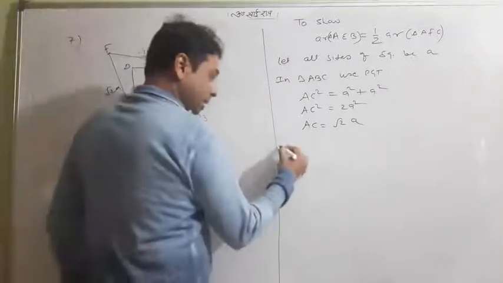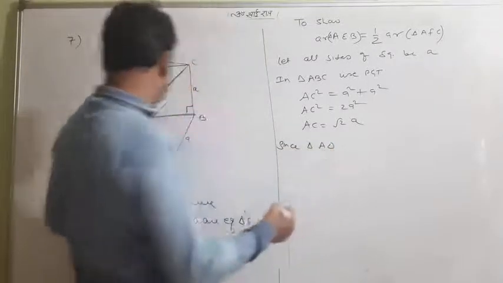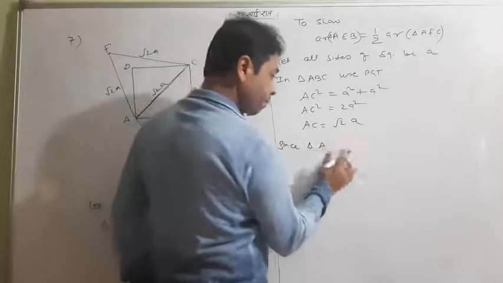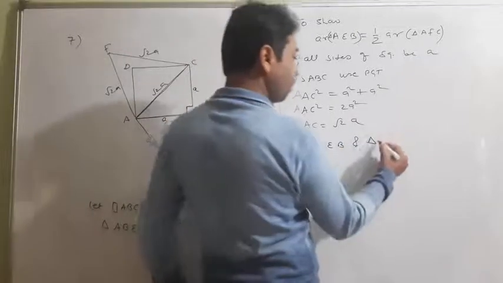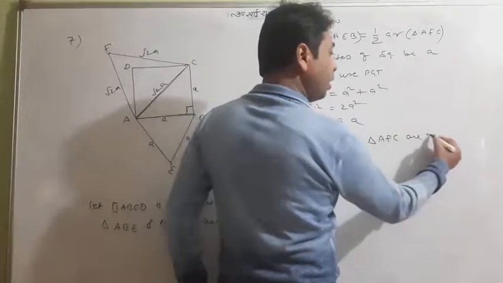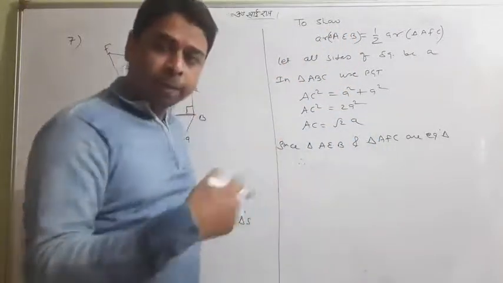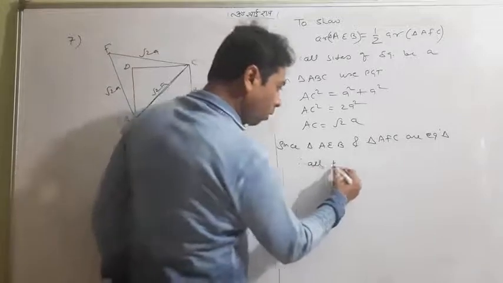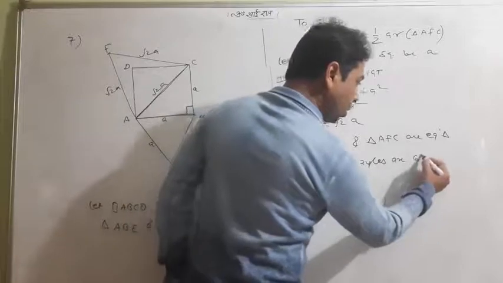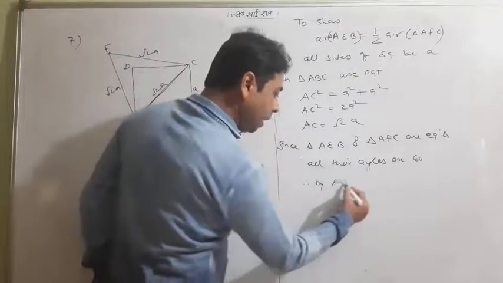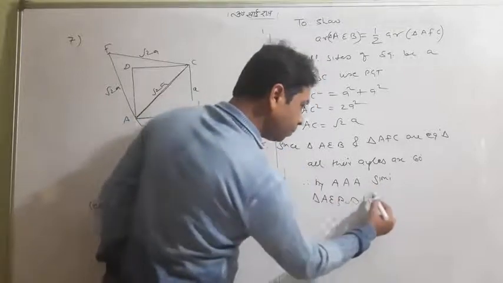Now next, since triangle AEB and triangle AFC are equilateral triangles, all their angles are 60 degrees, and therefore by angle similarity, both triangles are similar.